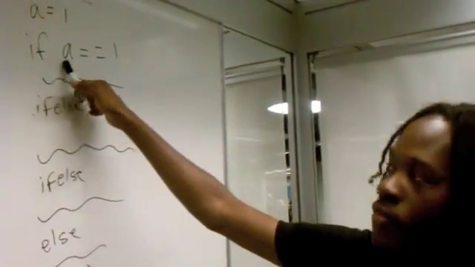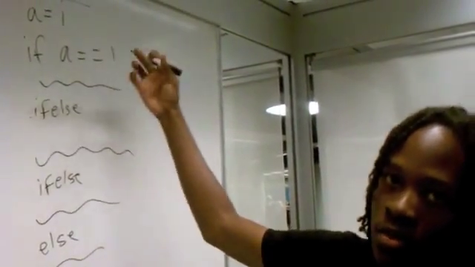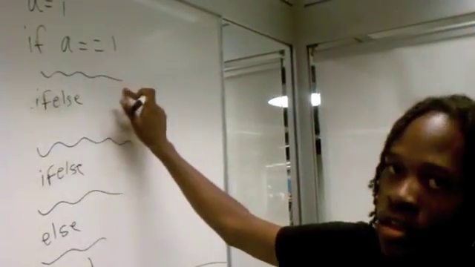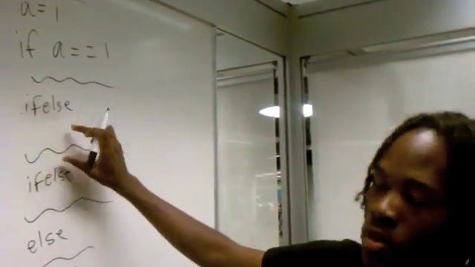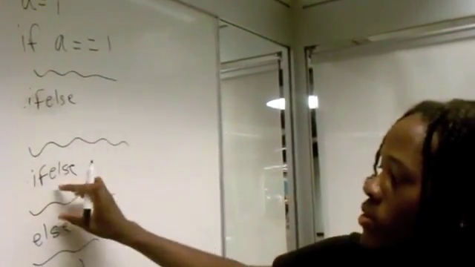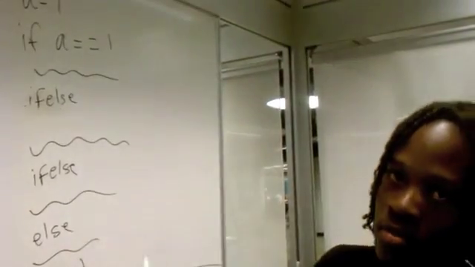So if A equals 1, this operator, equal, means if this is equal, if this is true, complete this. If not, else do this. If this isn't true, do this. And then if none of these are true, go to the else and do this. And then you end your loop.